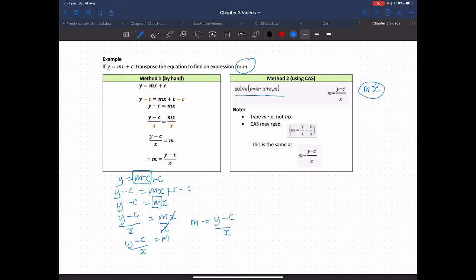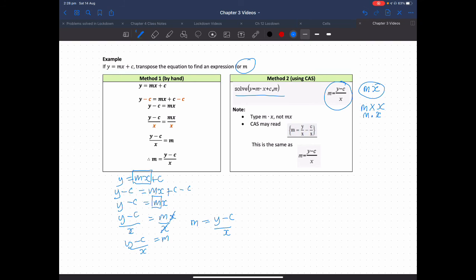So you must go on the calculator m and press the times button, which gives you a little dot x. So it'll look like this, m dot x. So we type in y equals m times x plus c, comma m within the solve bracket. Press enter and it will give us the answer.